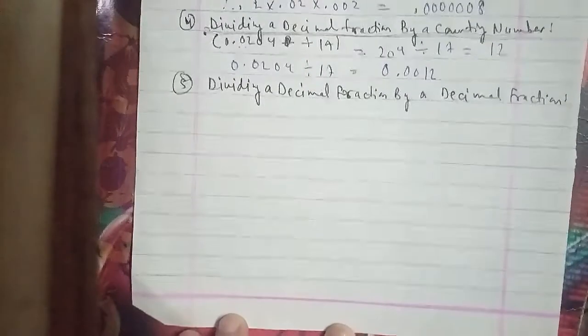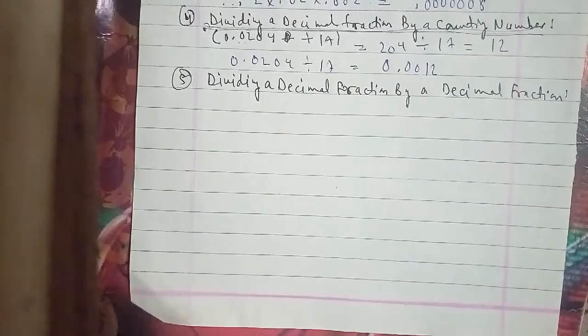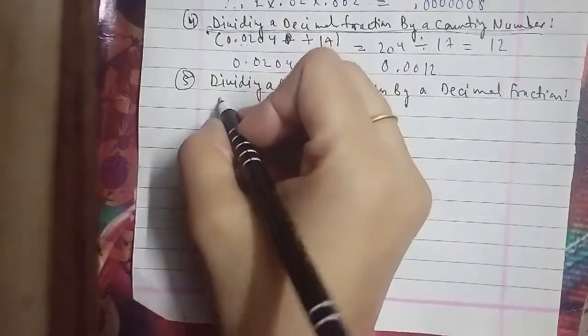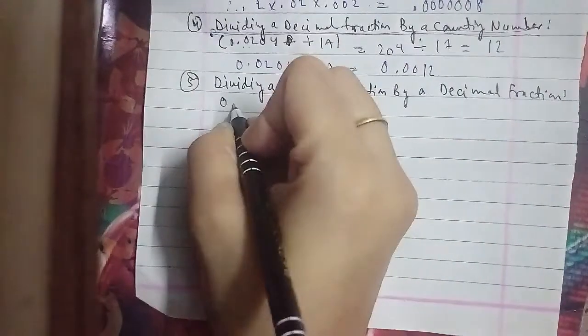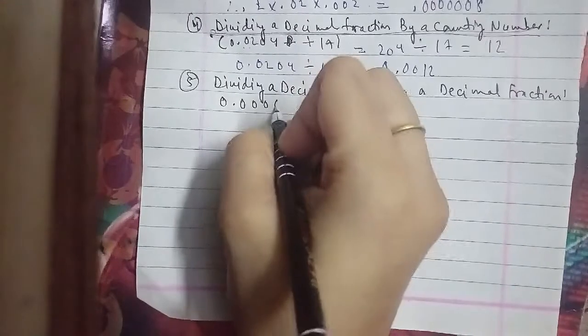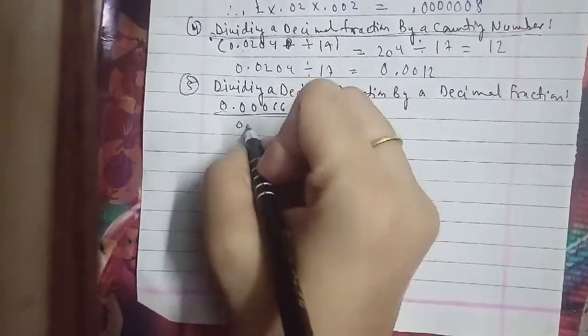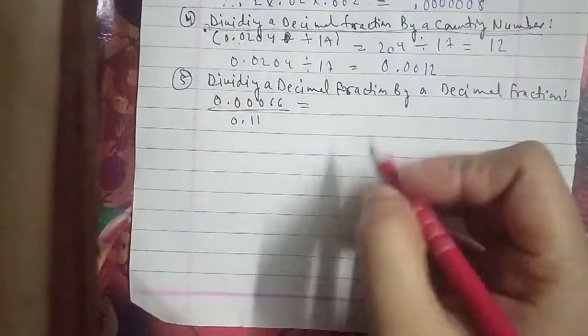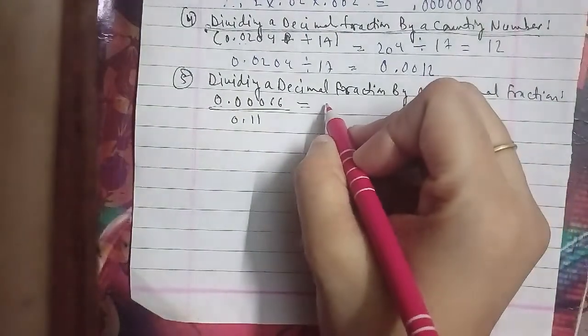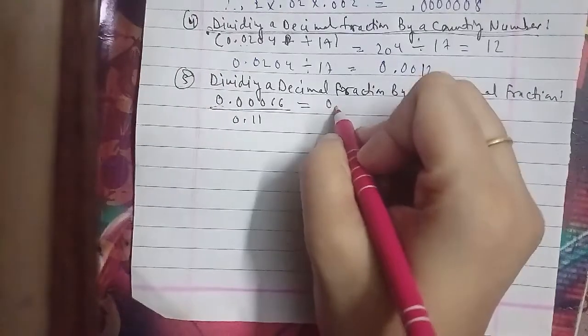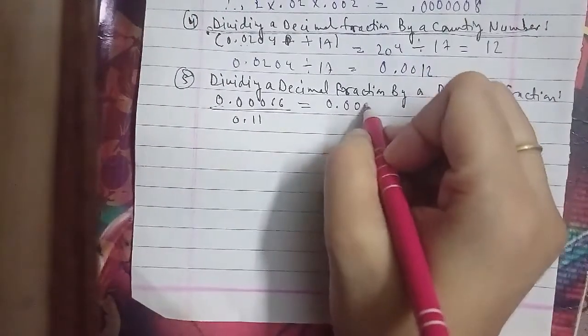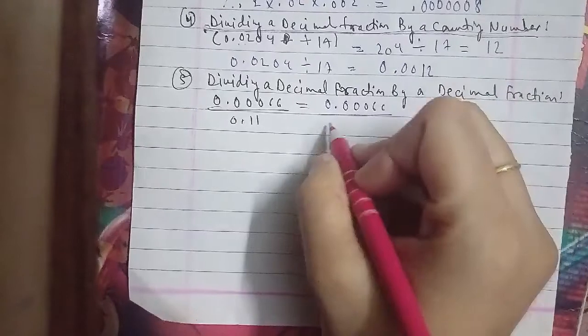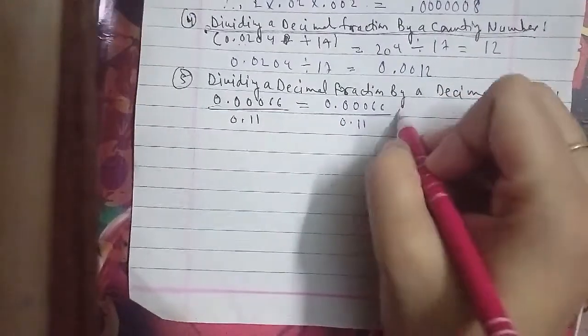So here the question we have is 0.00066 upon 0.11. When we solve it, we multiply 100 to both the numerator and denominator: 0.00066 upon 0.11, times 100 upon 100.